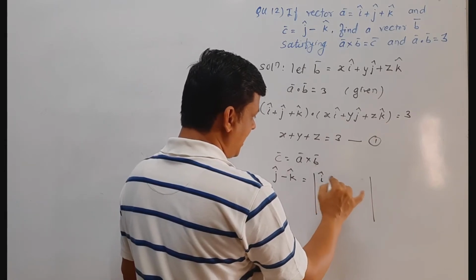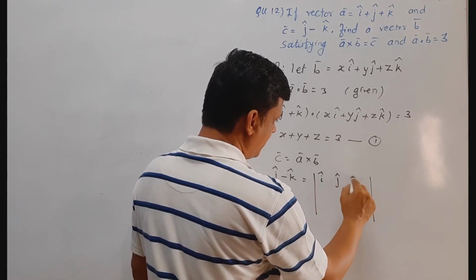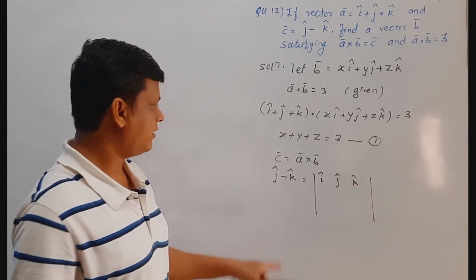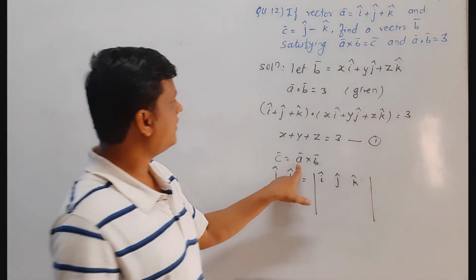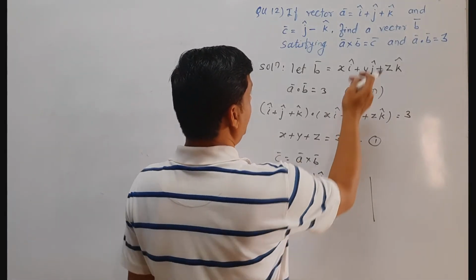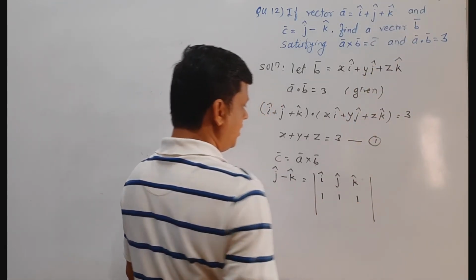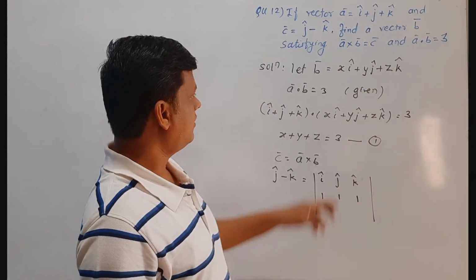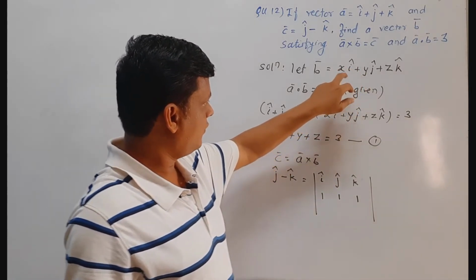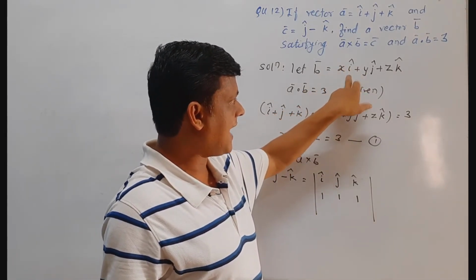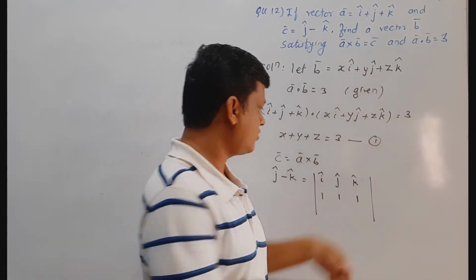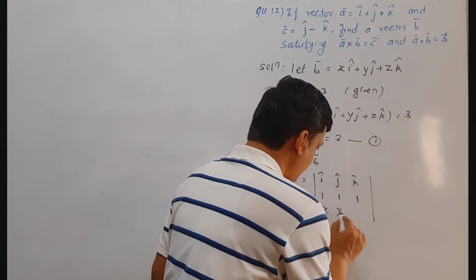So we write here i j k. Then we write the coefficients of vector a. The coefficients of vector a are 1 1 1 of i j k. Then the coefficients of vector b of i j k are x y z. So we write here x y z.